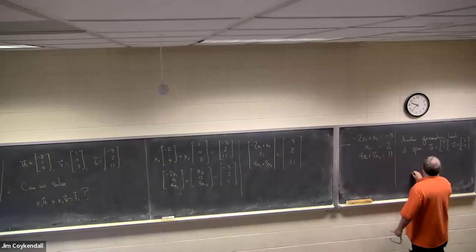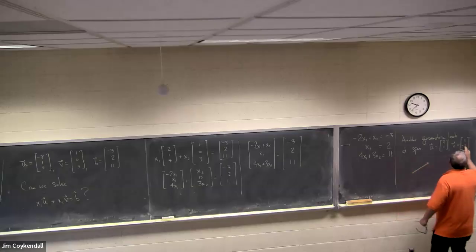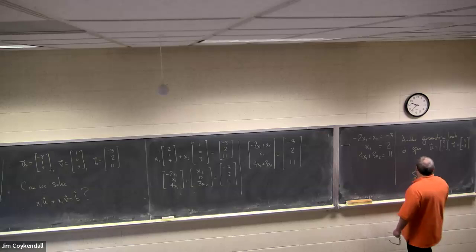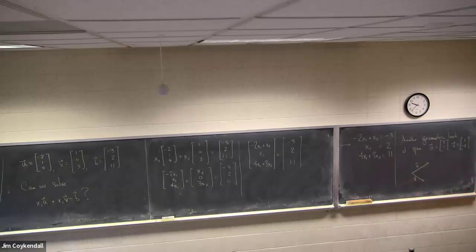So U is probably going to be like that, and V is going to be like, actually, let's keep this. 1 minus. Everybody read these two vectors in one unit, right?